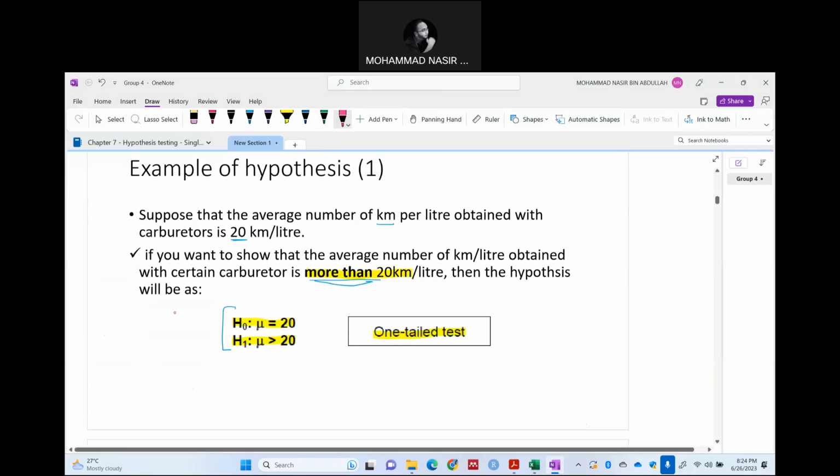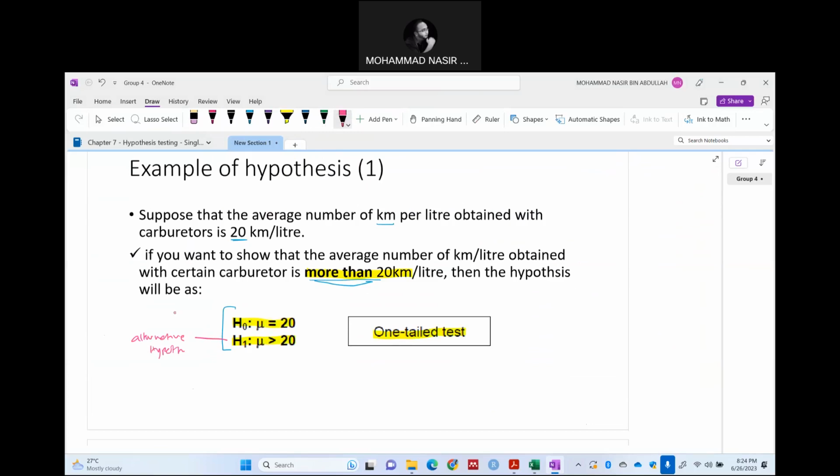So this is the alternative hypothesis, and this is the null hypothesis. Since it is more than, the area of rejection will be, so this is a normal distribution.